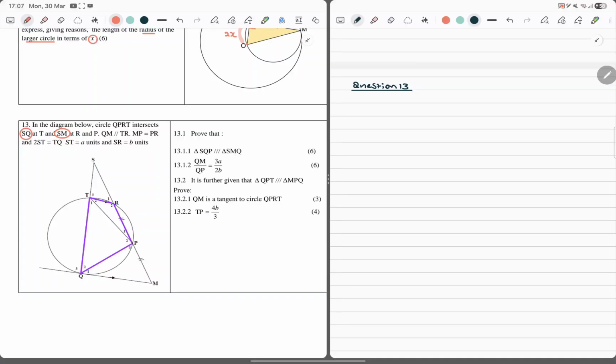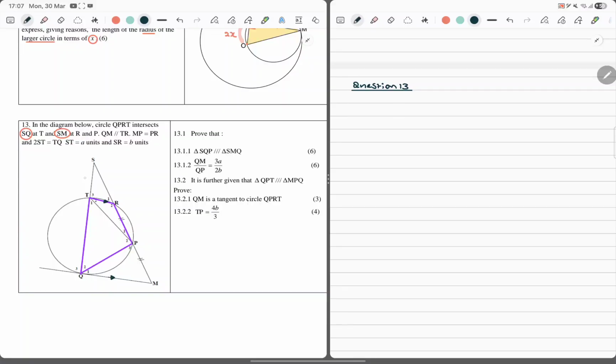Now QM is parallel to TR. There we are. And MP is equal to PR, so that's already indicated. And 2ST is equal to TQ.